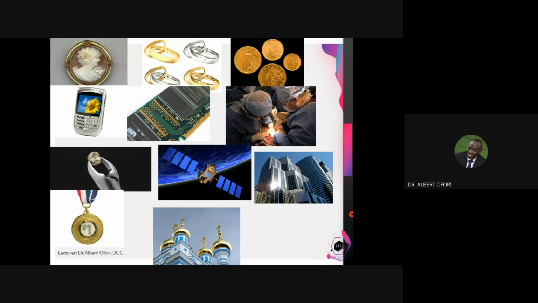So we have gold for jewelry, rings, and those things, the coins, the dentists still using gold, and of course the medals. It is said that some of the spaceships or satellites have some component of gold also. But when you visit those Arab countries, you see the real use of gold.